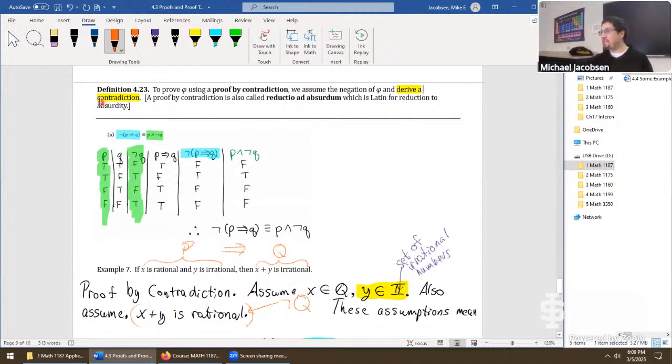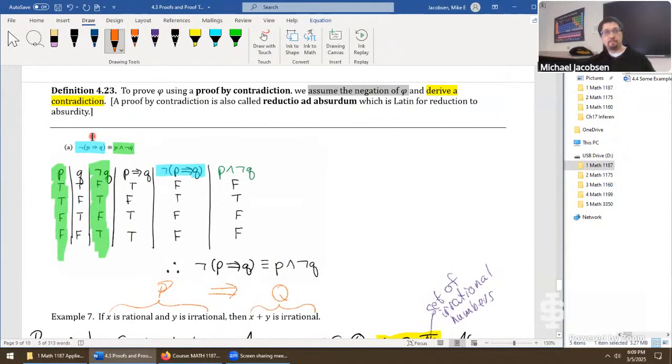Well, if we take the method of proof by contradiction, the idea is: assume the negation of phi. And this entire statement, P implies Q, is phi itself. So we also looked at it from this point of view: if you negate P implies Q, then you have a statement that's logically equivalent to P and not Q.